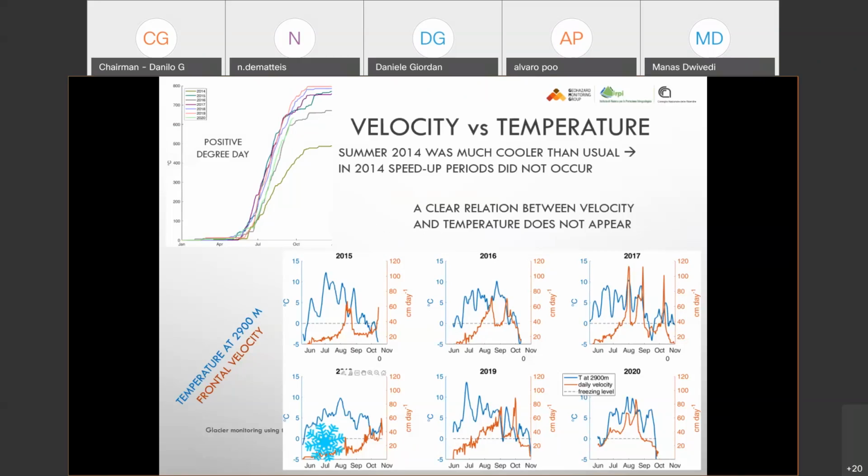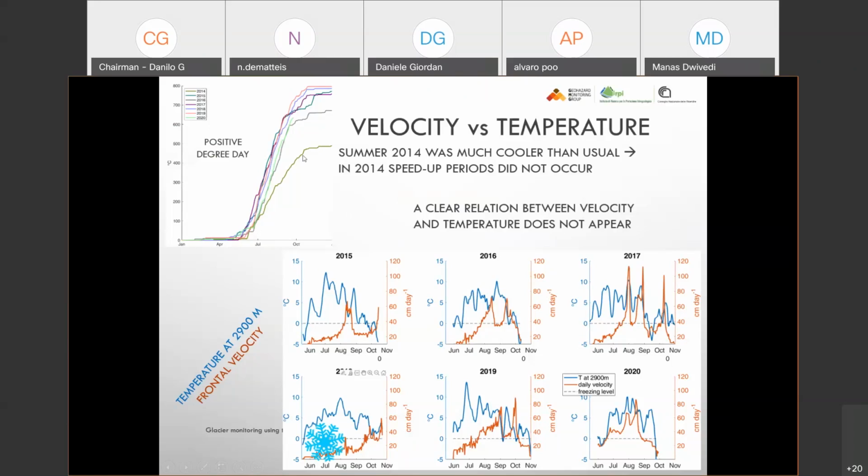In fact, observe the plot in the upper left corner. This is the positive degree day for every year since 2014. The positive degree day is the cumulative sum of the mean positive daily temperature.